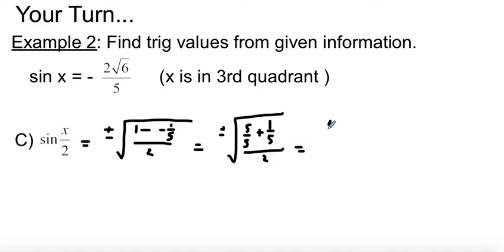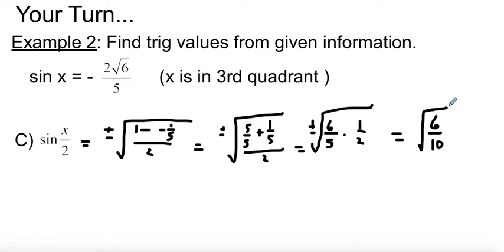So adding my numerators, writing down my common denominator, multiplying by the reciprocal of 2, which is 1/2, I'm now going to get 6/10. And before I take the square root, I'm going to reduce down that 6/10. 2 goes into 6 3 times. 2 goes into 10 5 times.